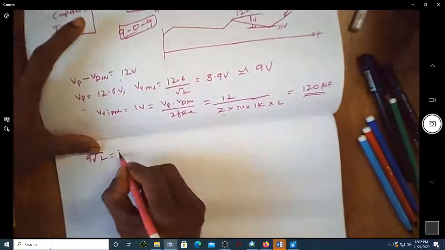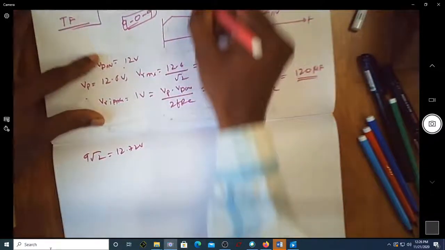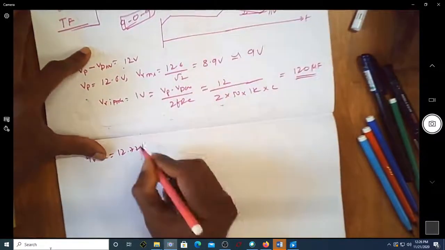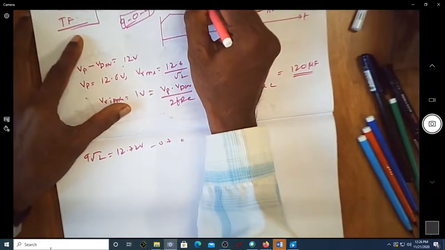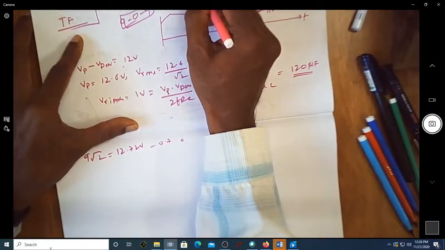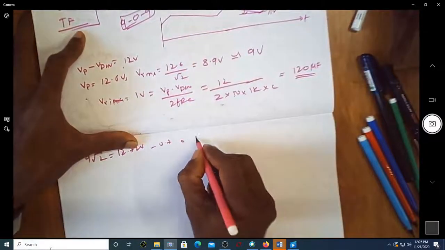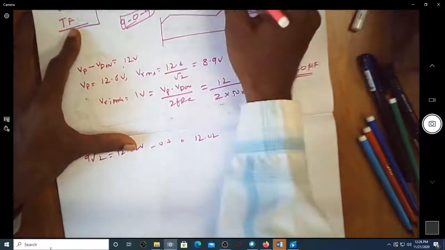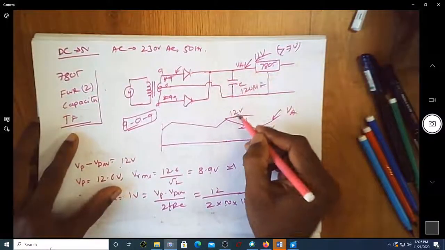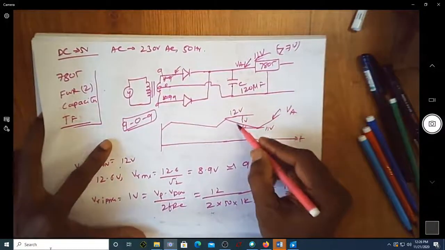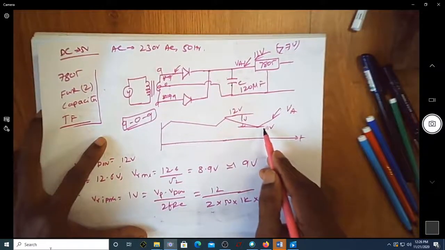It is 12.72 volt at this point, and minus 0.7 is the voltage after the diode drop. So you are getting 12.02 volt at this point. The peak voltage is 12.02, and then you have a ripple of 1 volt.